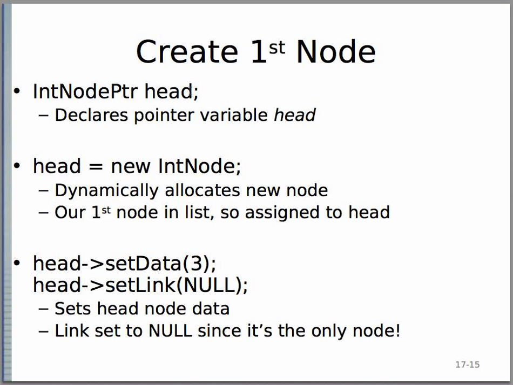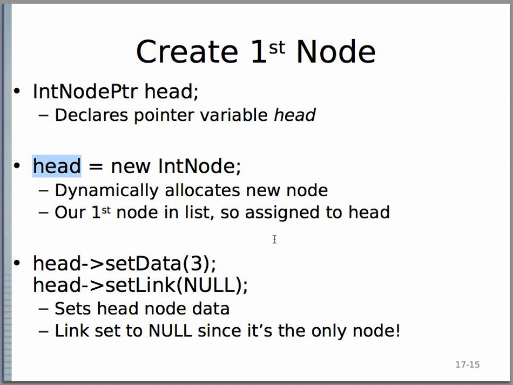Always set pointer variables to null, even if you have a new node created for it in the very next step. So for linked lists, that's typically what you want to do. You want to set the head equal to a new int node.